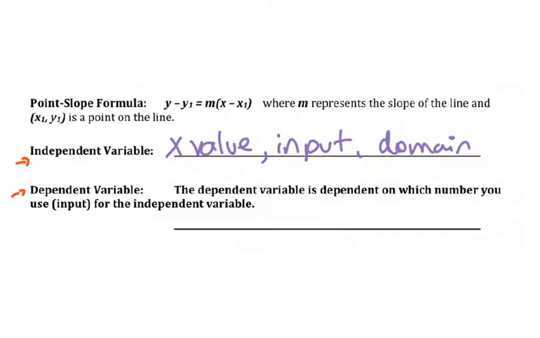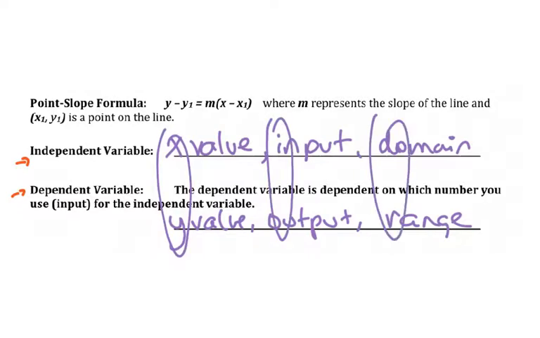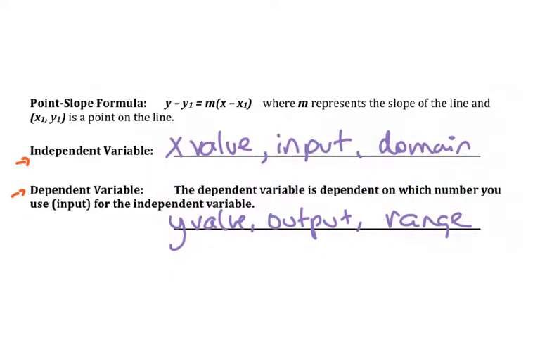So the dependent variable is the y value. It's the output. And the opposite of domain is called range. And the nice thing about these is they're all alphabetical. So those help. Independent and dependent's not, but anyway, you get the idea. So you need to remember what all of those words are. We're going to be using all of them a lot. It just depends on the situation which one is more useful or more prevalently used.